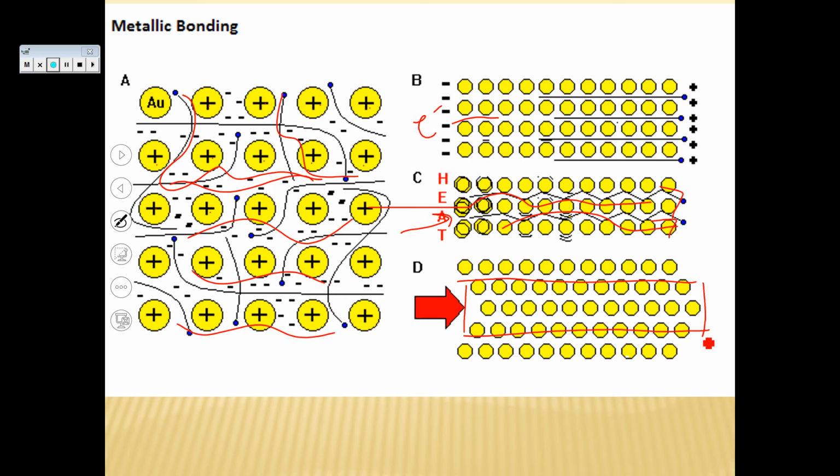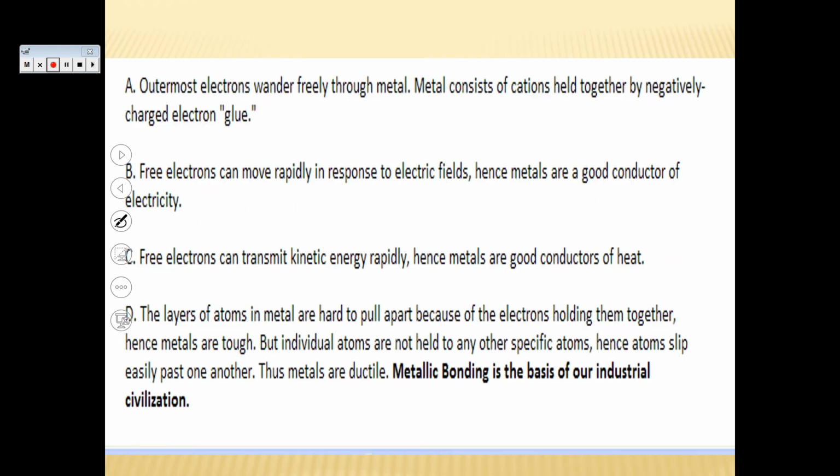So it allows a pressure or force to be applied to a metal without ruining or breaking the structure. It allows that flexibility because these nuclei of the metals are floating around in this flexible sea of electrons.